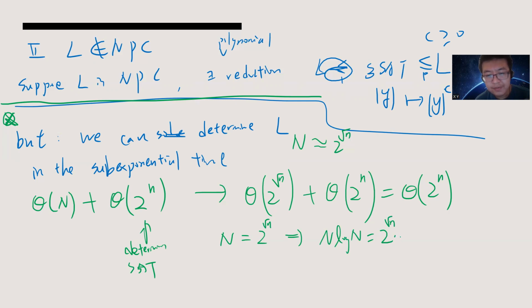And sorry, on this: if capital N is 2 to the square root of N, then N log N will be 2 to the square root of N times square root of N, where the log base is 2.